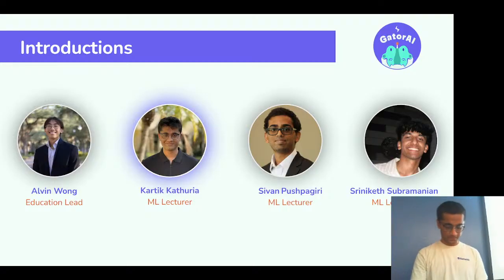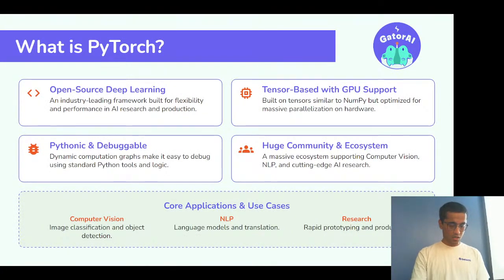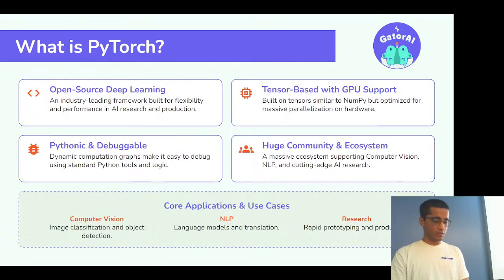So like I said, PyTorch is our main ML and AI framework that we're going to be going over. First of all, what exactly is PyTorch? What are its use cases? And why do people use it a lot? Well, it's an industry-leading framework built for performance and flexibility with a lot of AI software.